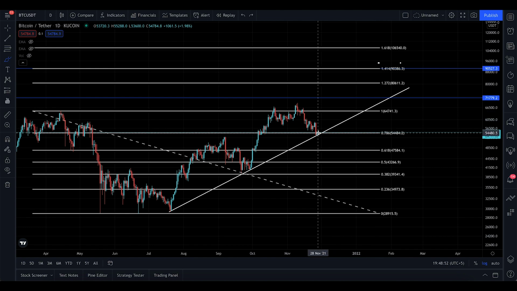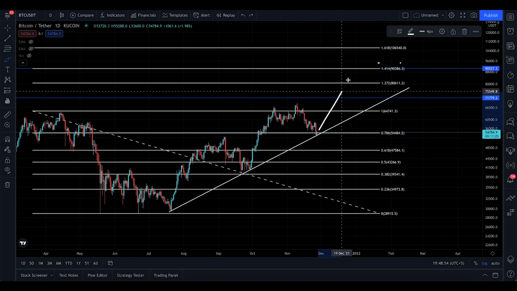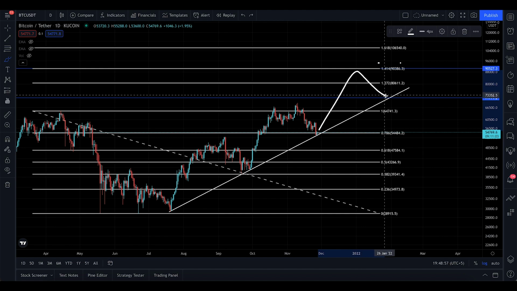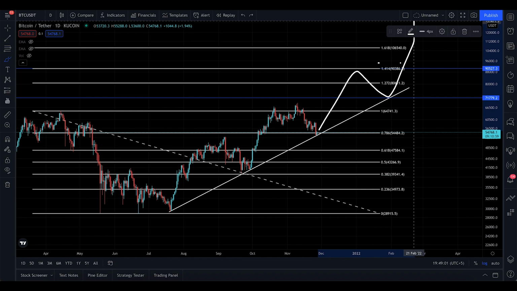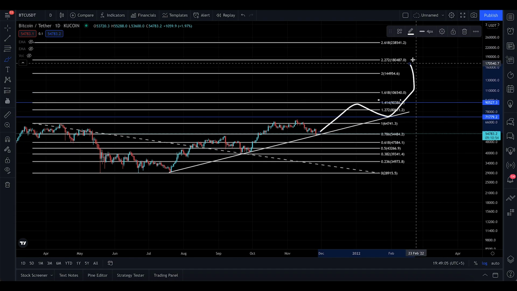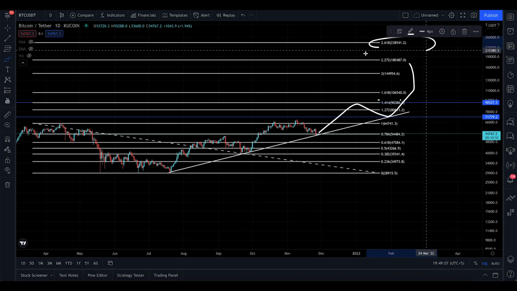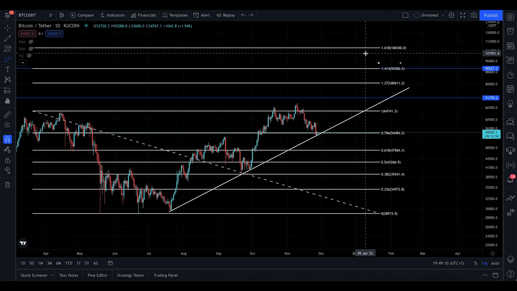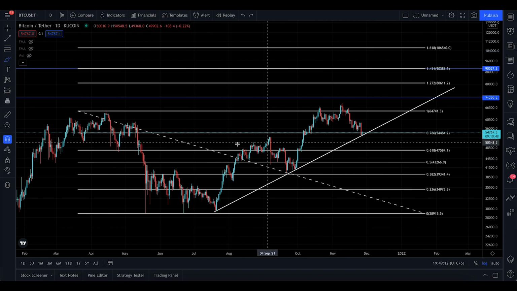So there could be a small game here when you just go here, touch the 90,000, come down, back test and dump a little bit, and then go to the 100K and move even above the 100K all the way to the 200,000, which is my price prediction, nearly these areas right there by the end of the bull market, okay. So let's see what it does.